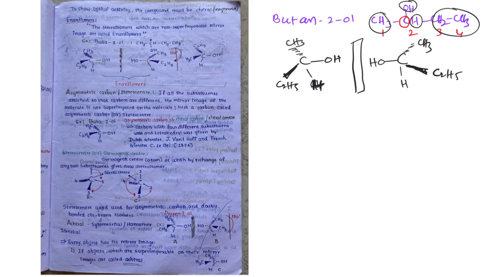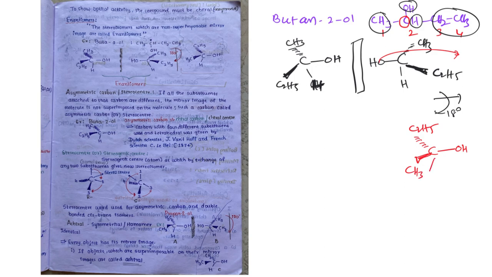When you rotate the second compound, this mirror image, by 180 degrees and observe, we get OH on the right side, the dotted line becomes C2H5, and the dark line becomes CH3.